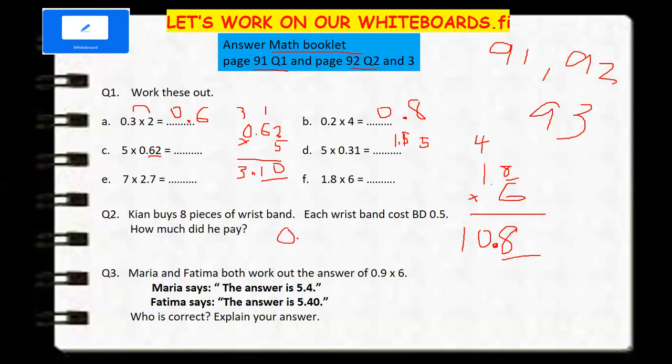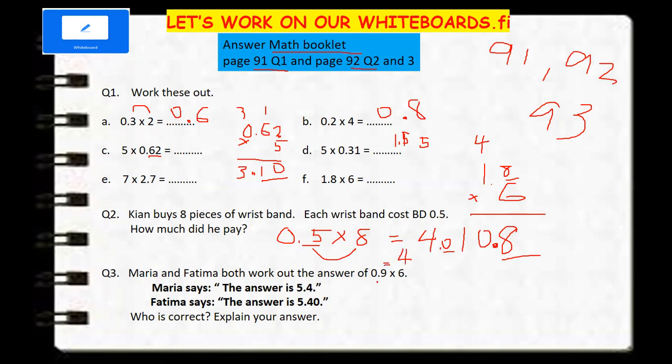So this is 0.5 times 8. So 5 times 8 is 40. We have only 1 decimal place. So the answer is 4.0 or 4.